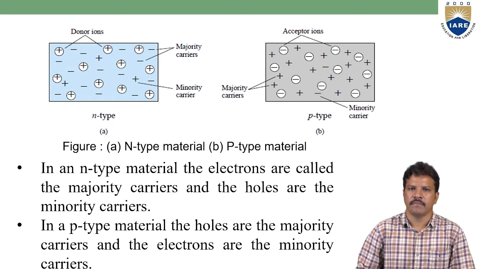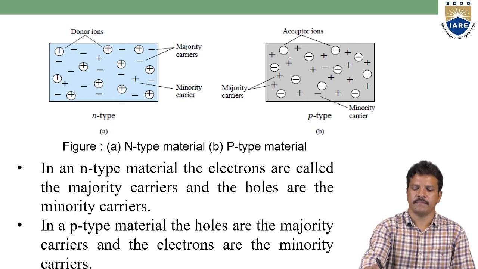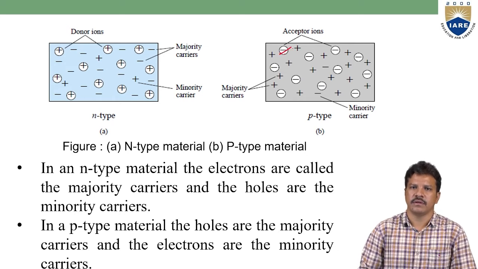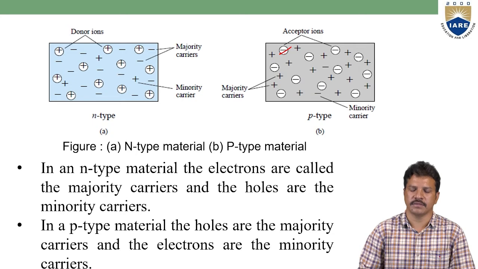Whereas in p-type, the minus with a circle represents acceptor ions, the plus symbol represents the majority carriers, which are holes in p-type, and the minus symbol represents the electrons, which are called minority carriers.